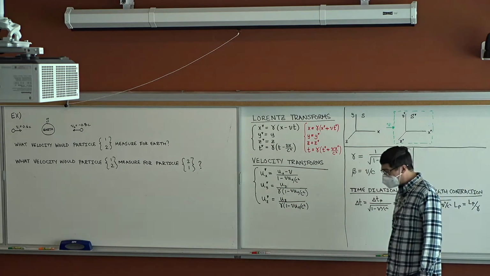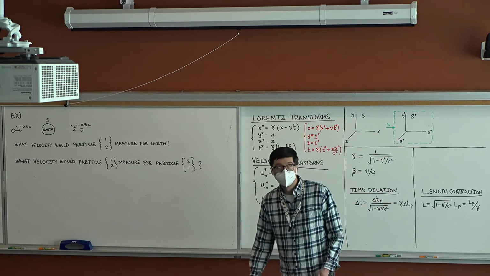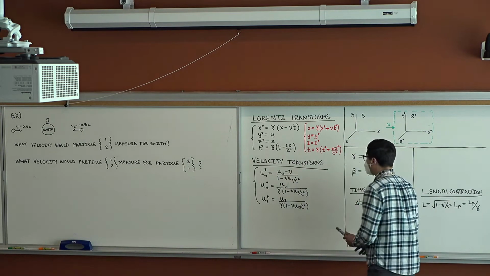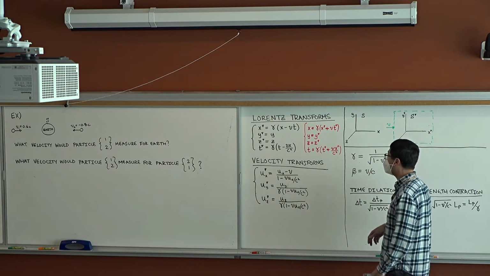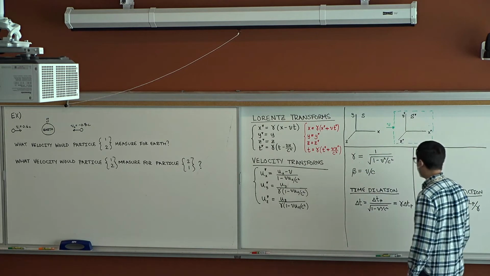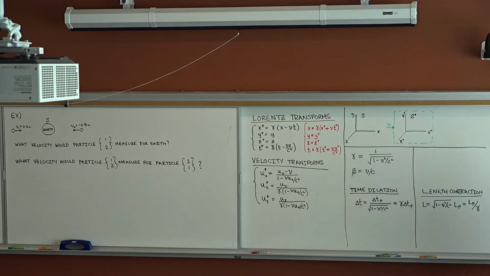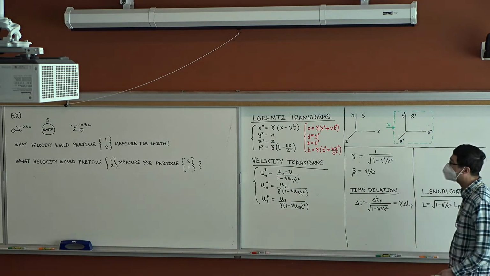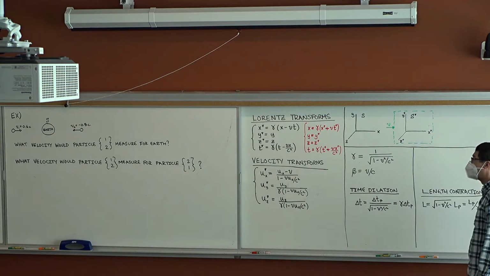But I wanted to start with some problems that are largely based on the Lorentz transformations, the velocity transformations. I'm trying to think if I included some time dilation or length contraction problems in there, but I guess we'll see what I wrote on the board. I can't remember right now.